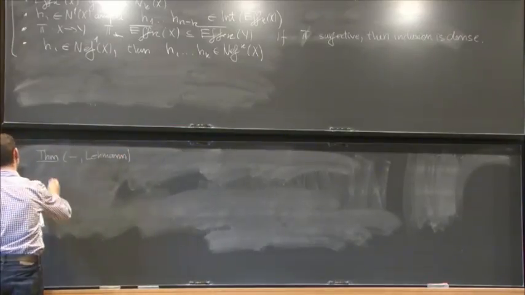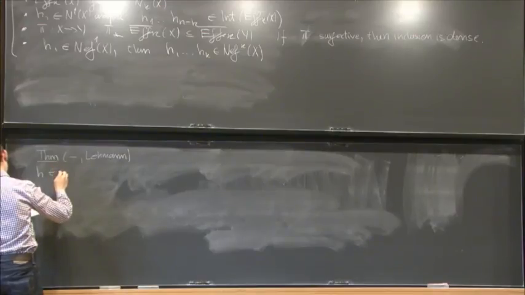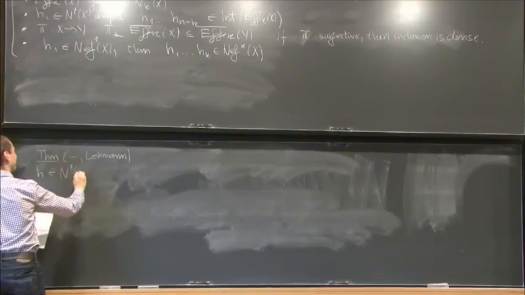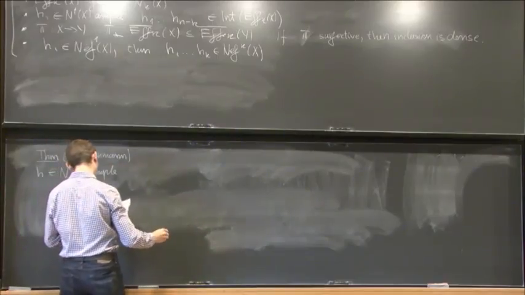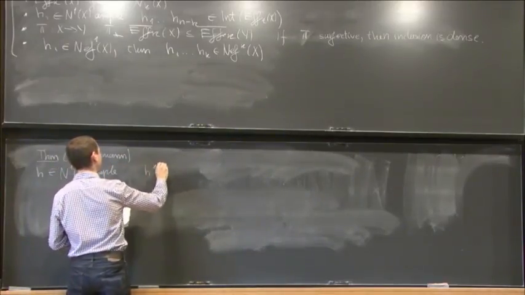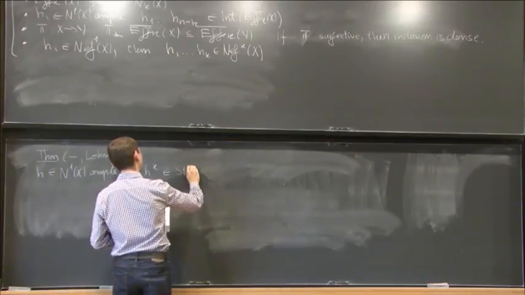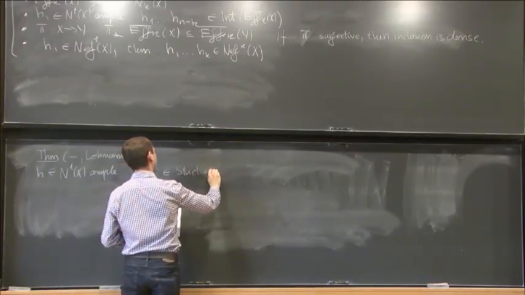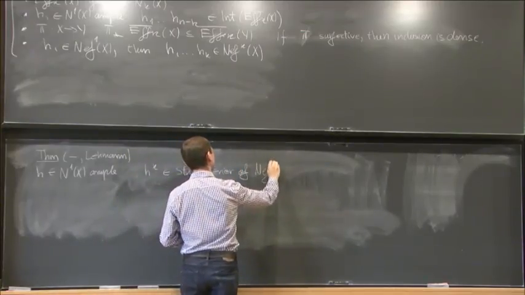Okay. So let's take now a bunch of ample classes. Well, let's take just one. Okay, then the statement is that h to the k, this complete intersection, belongs to the strict interior of the nef cone.